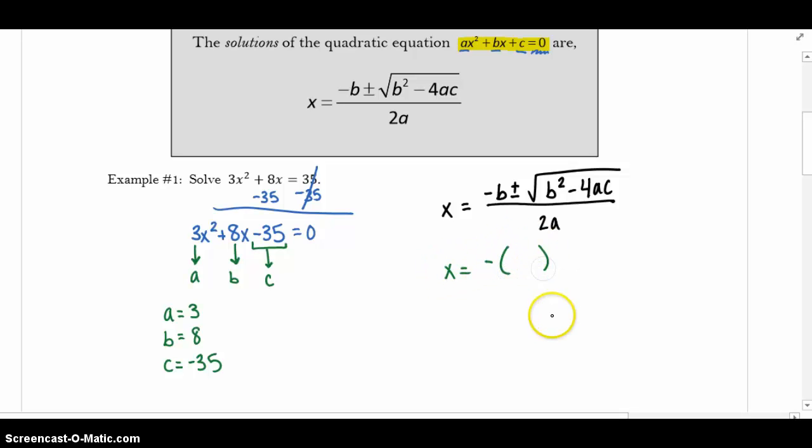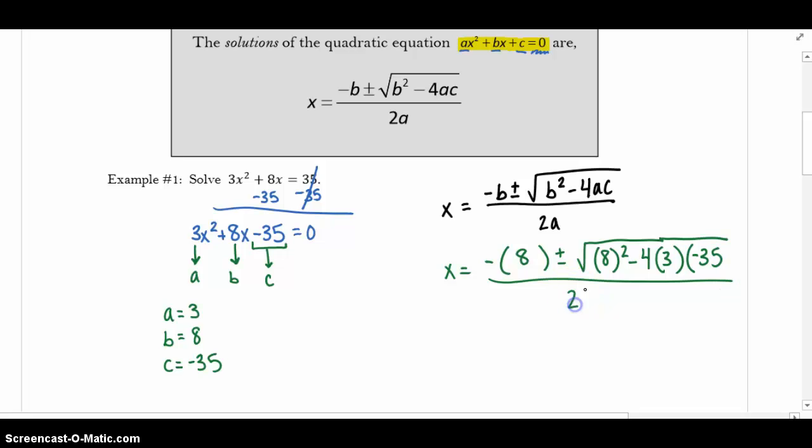Anytime you're substituting in numbers, use parentheses. So it's negative, and then my 8 in parentheses, plus or minus the square root of, once again, parentheses 8, and then the square, minus 4 times a, which is 3, times c, which is negative 35. And that's all divided by 2 times a, which is 3.